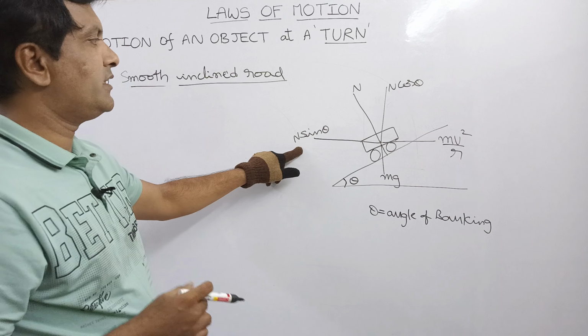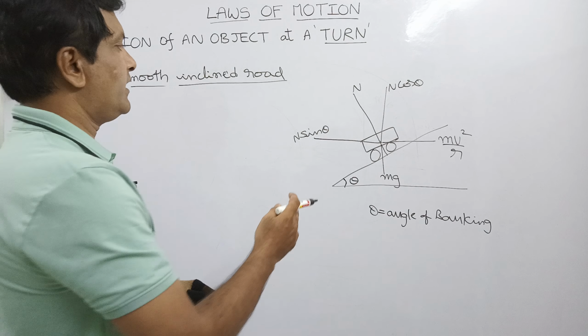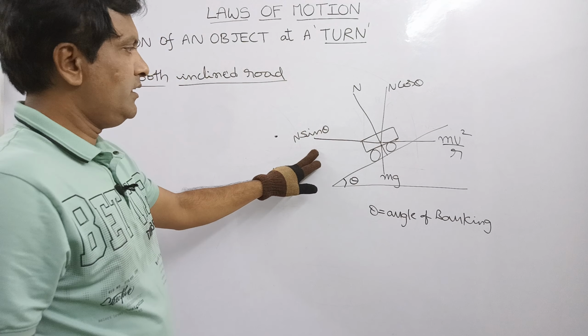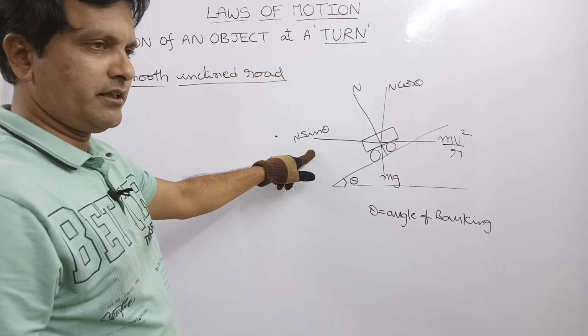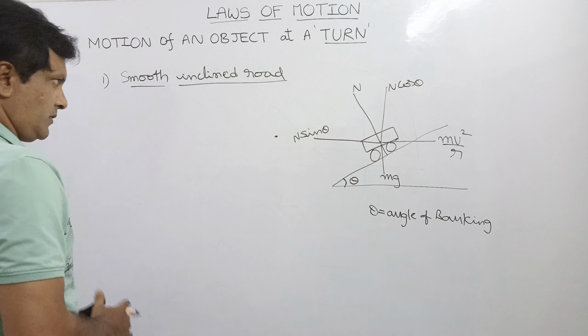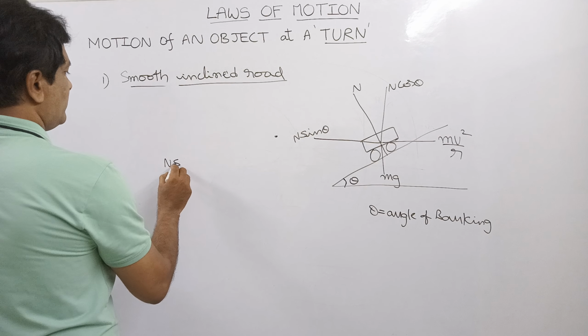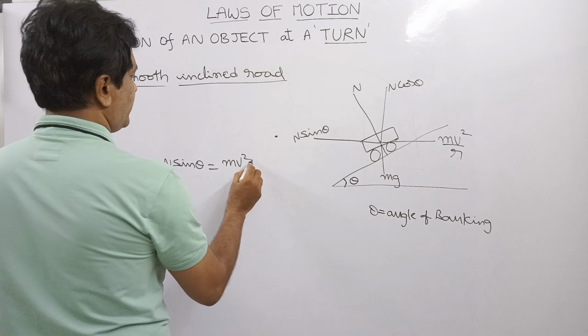This component of normal reaction acting to the left, toward the center of curvature, balances the centrifugal force, and it also acts like the centripetal force. Now we'll make the equations. The first one, n sin theta is equal to m v square by r.